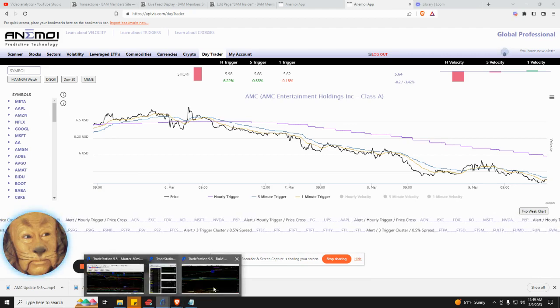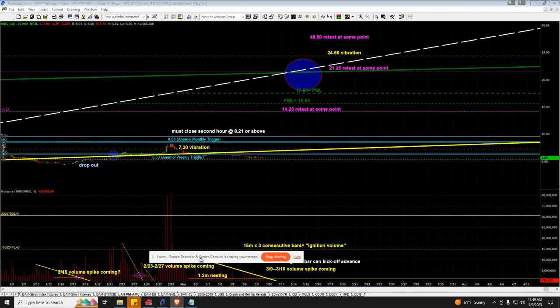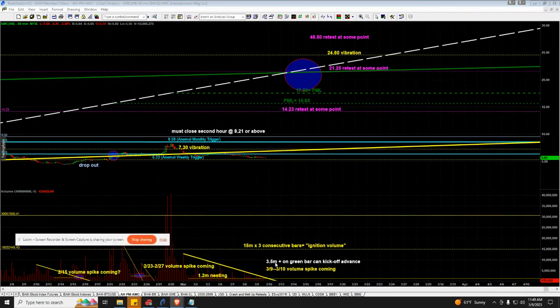Now, the other thing that I haven't mentioned in a while is that if we do get lucky here, and if we do see a green 60-minute closing bar post 3.5 million shares during that 60-minute period or greater, and then start to increase more and more, what we really want to see, if we're going to have a very dynamic move into next week, is we want to see 3 consecutive 60-minute bars running at 15 million shares or greater, and they have to be green, so they have to close higher each of the 60-minute bars, and they have to be consecutive.